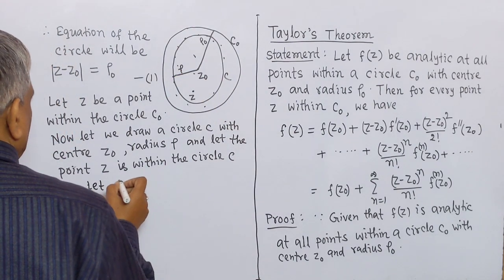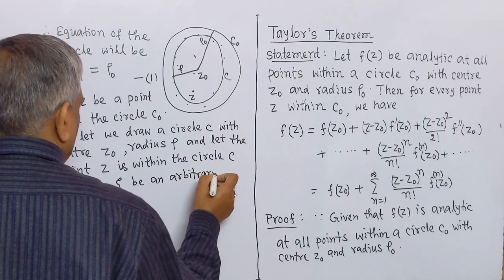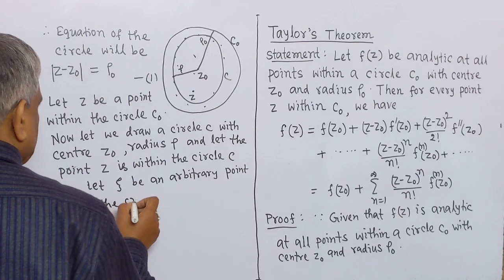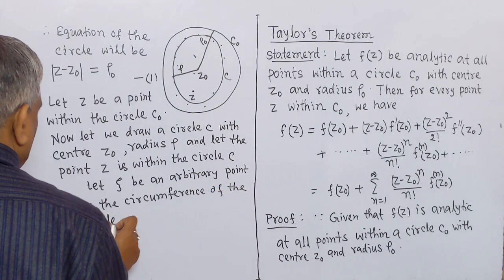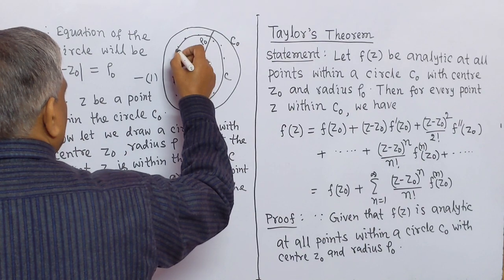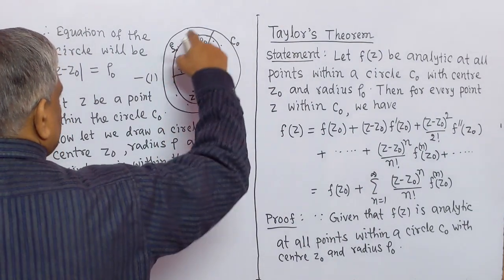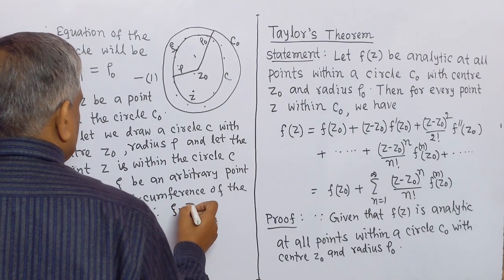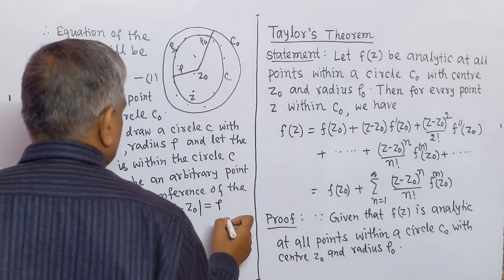Let xi be an arbitrary point on the circumference of the circle C. Therefore, let xi be any arbitrary point on the circumference of the circle C. Therefore, modulus of xi minus z naught equal to rho. Let this be number 2.